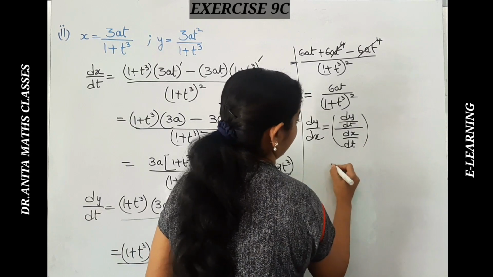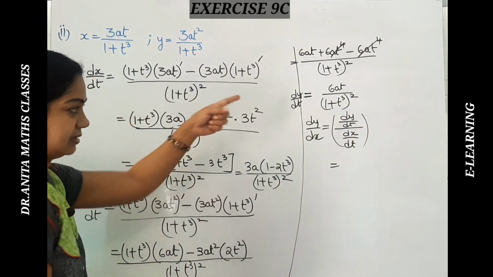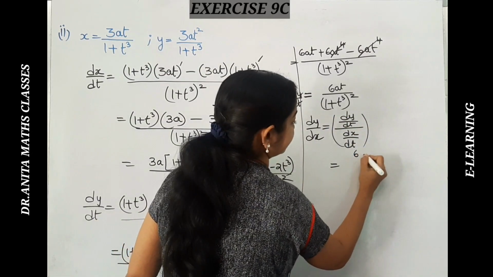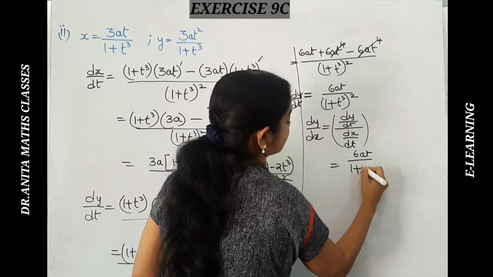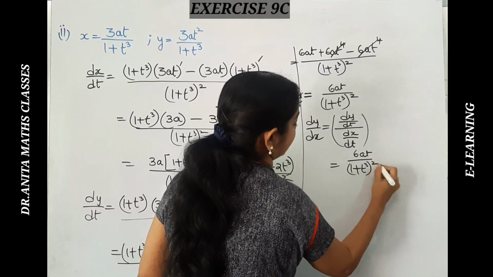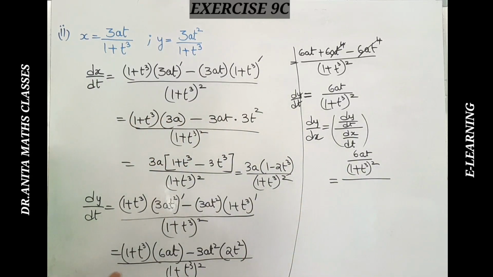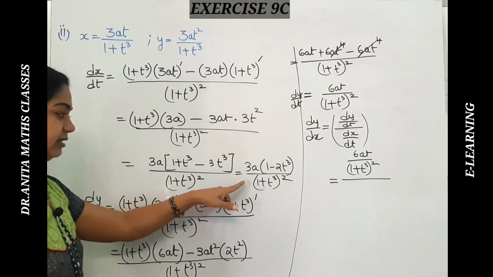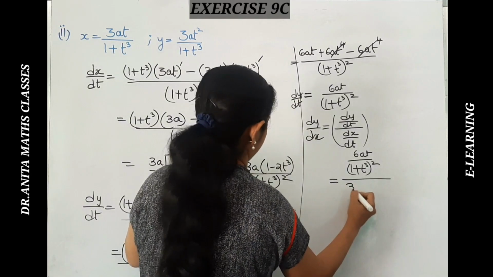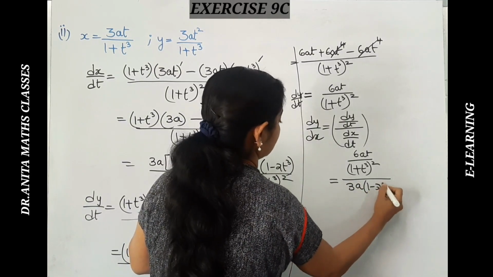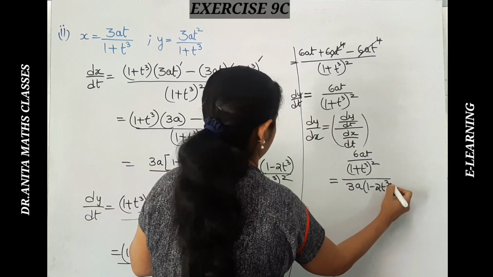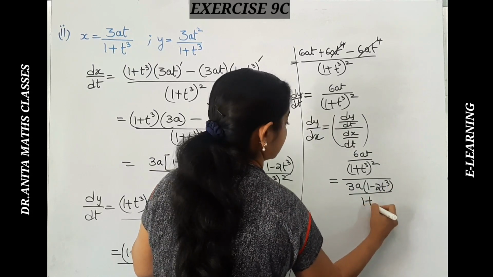Here you have dy by dt, the same thing, 6at by 1 plus t cube whole square, divided by dx by dt. Let us see, dx by dt is this one, that is 3a into 1 minus 2t cube, divided by 1 plus t cube whole square.